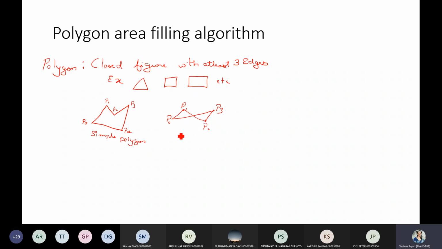So this is again a closed polygon, and here also you can say the start and end are the same. P0 to P1, P1 to P2, P2 to P3, and P3 to P0 again. But you can see that the edges are going to intersect with another edge in the figure. So such a polygon is known as a complex polygon.